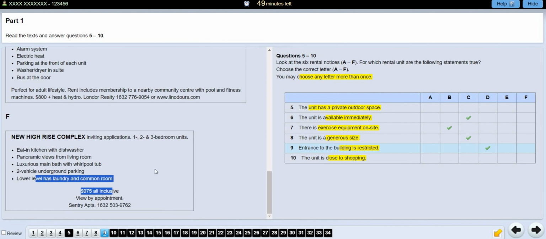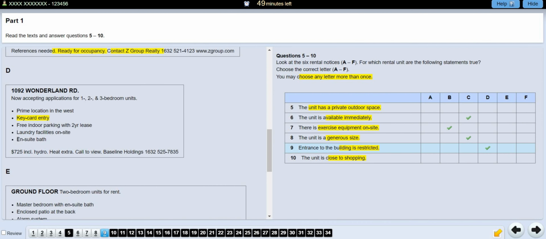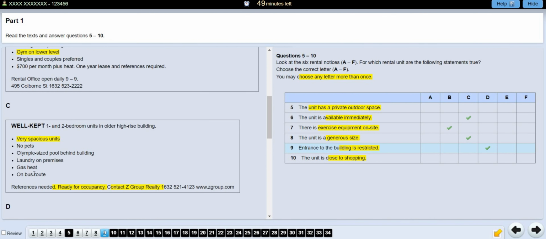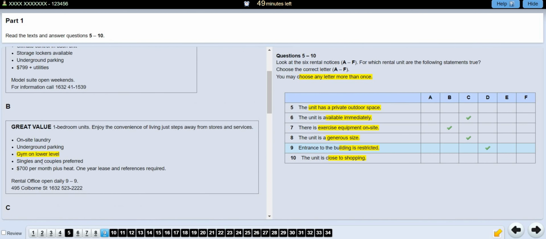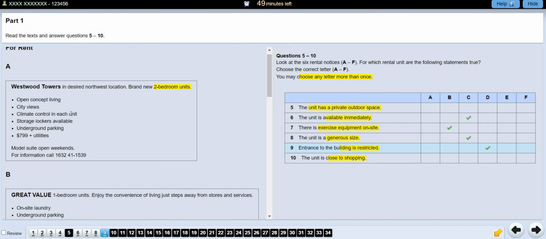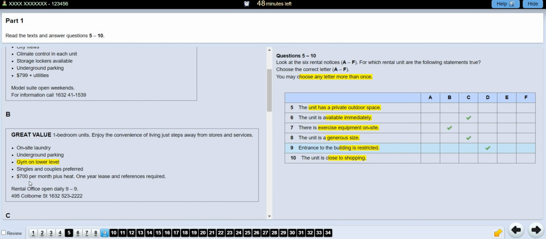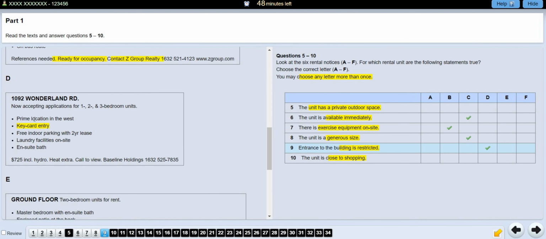Luxurious panoramic view, no. Okay, so the unit is close to shopping center. Parking, shopping center.